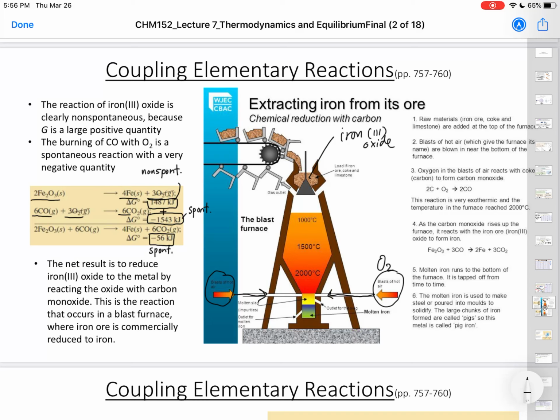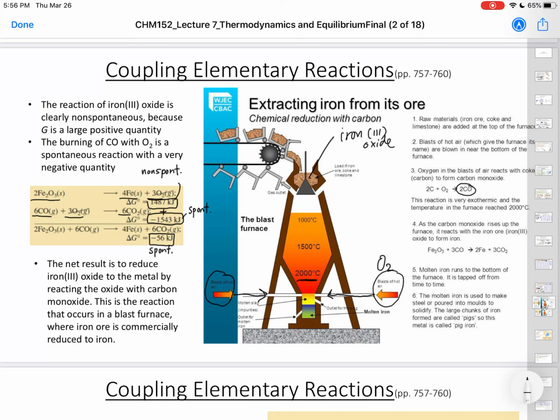Oxygen is being fed into the bottom because oxygen is in the air, so it's being fed into the furnace, okay? And it reacts with the carbon to form carbon monoxide. This reaction is very exothermic.